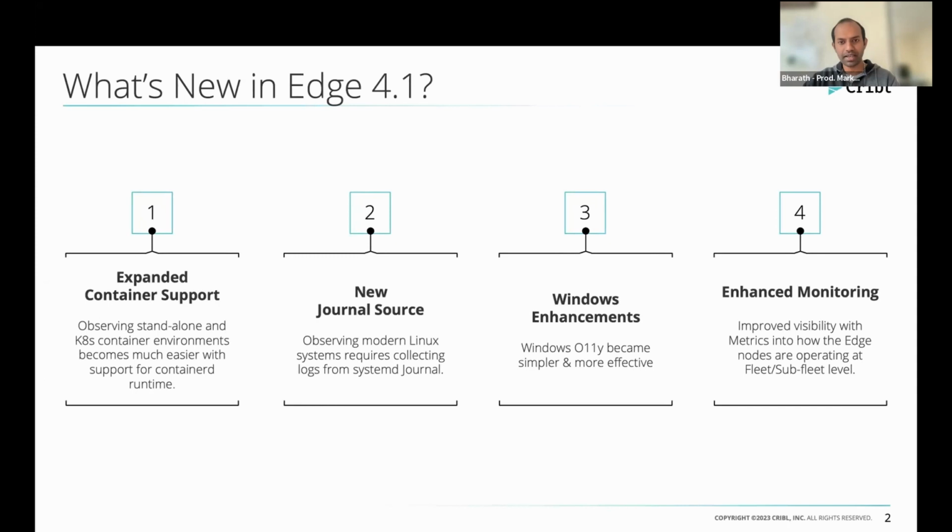So we touched some themes around the 4.1 release, right? We released new features around our container support with Edge. We also introduced new sources, like a journal source for Linux operating systems, as well as we streamlined our Windows deployment.